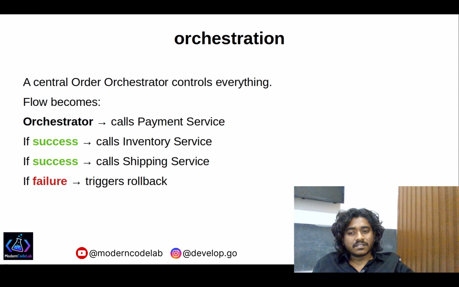And if that succeeds, it goes to the shipping service, which will be taking care of the delivery of that particular product. If any of this process fails, it also triggers the rollback, right? So orchestration is controlling everything, whatever microservices you have created. The centralized thing is controlled by an orchestrator, right? This is the basic definition and understanding of what orchestration means.